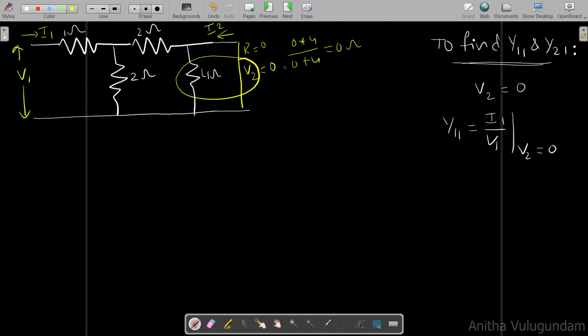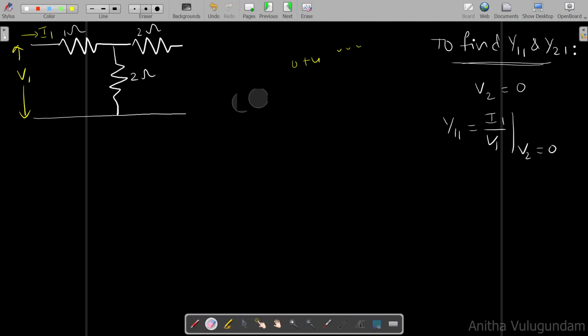So this circuit can be replaced like this, this is how it will become. And the I2 remains the same. This is the equivalent circuit obtained when we put V2 equal to 0.